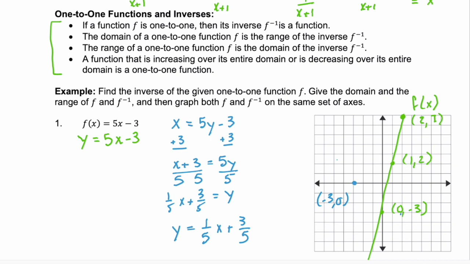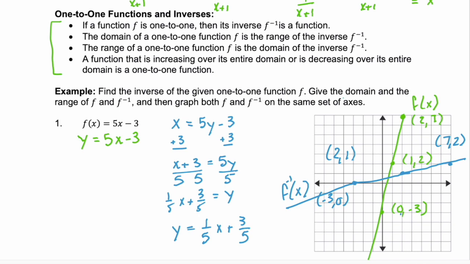And the point 1, 2, we're looking for the point 2, 1. Okay, let's connect those. And then the point 2, 7 would give us the point 7, 2, which would be right here. We would connect all of those dots and label this as f inverse of x. And there we've graphed both.